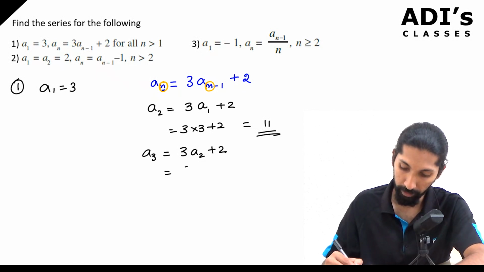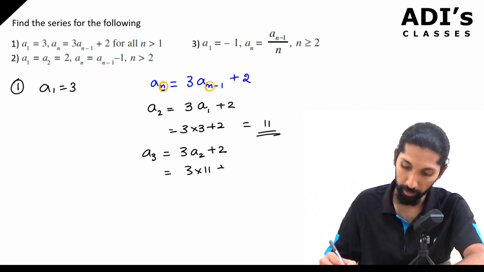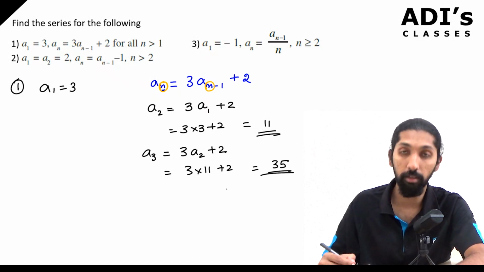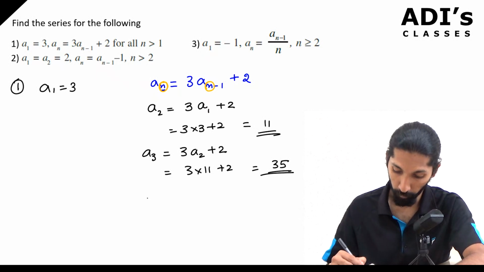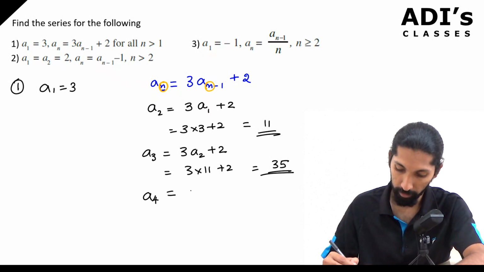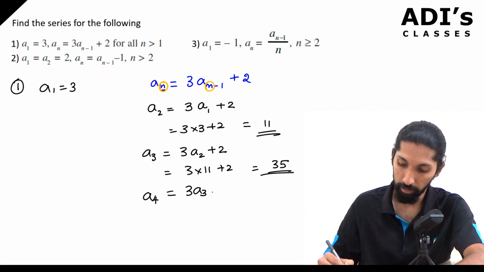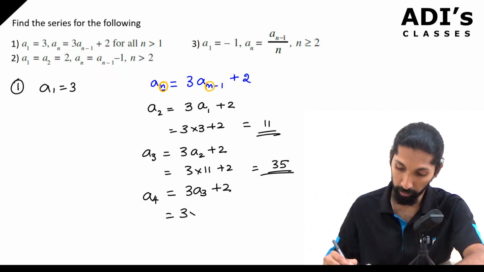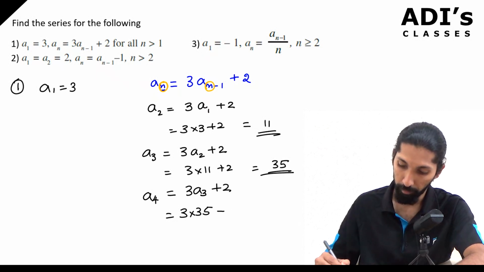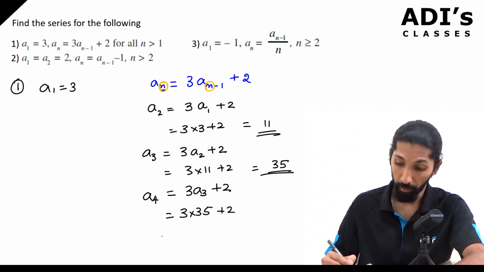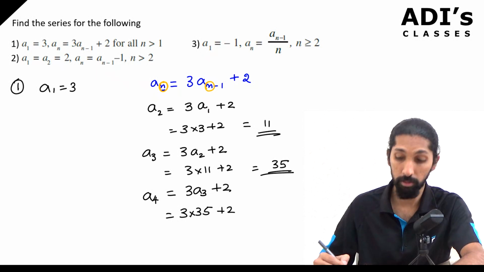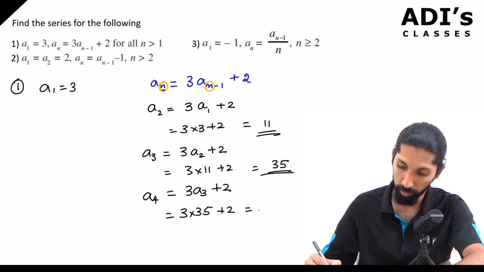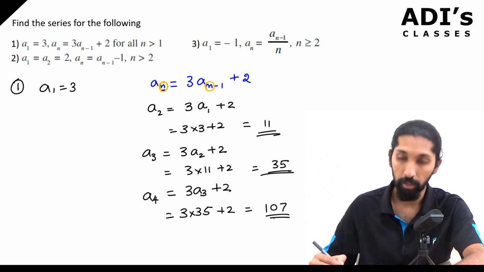This will become 3 into 11 plus 2. That's 33 plus 2, 35. This is the third term. Fourth term will be 3a3 plus 2, or 3 into 35 plus 2, correct? Now 3 into 35 is 105. 105 plus 2, which is 107.